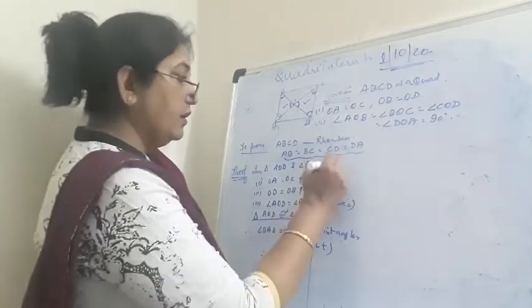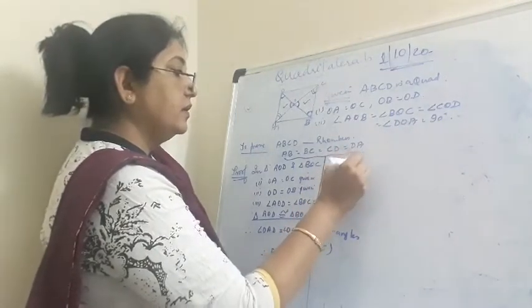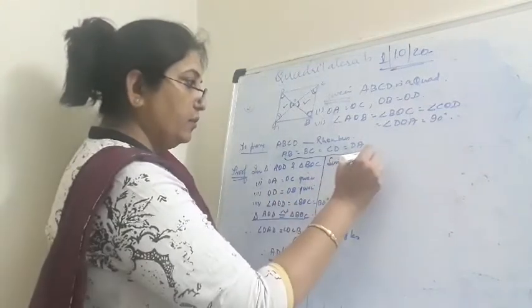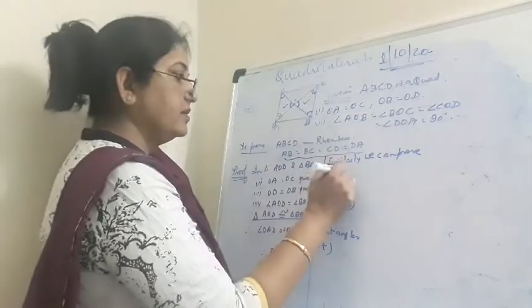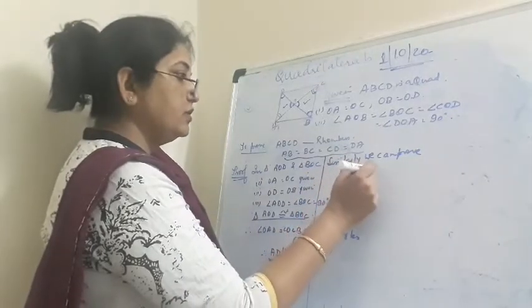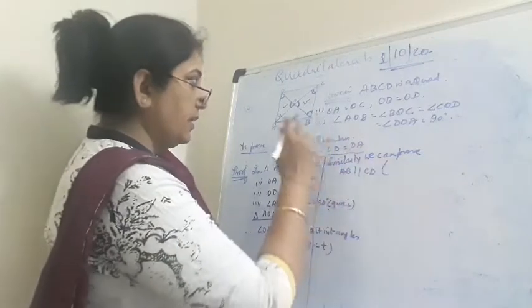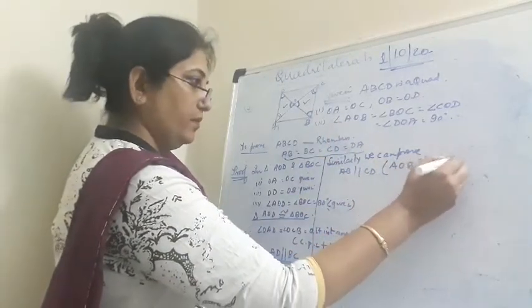Now similarly, as I told you, we are proving this ABCD to be a parallelogram. Similarly we can prove that AB is parallel to CD. We can show the proof by considering which triangles? AOB and COD.